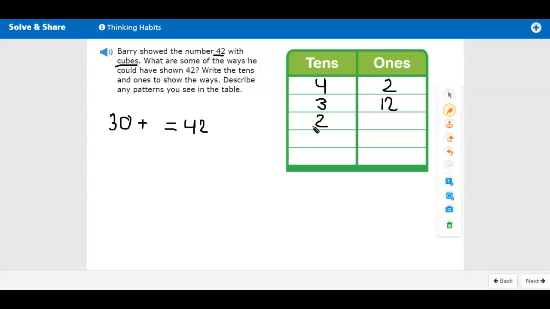If I begin with 20, I know I need 10, 20, 21, 22. 2 tens and 22 ones gives me 42. This would be the same as saying 20 plus 22 gives me 42.